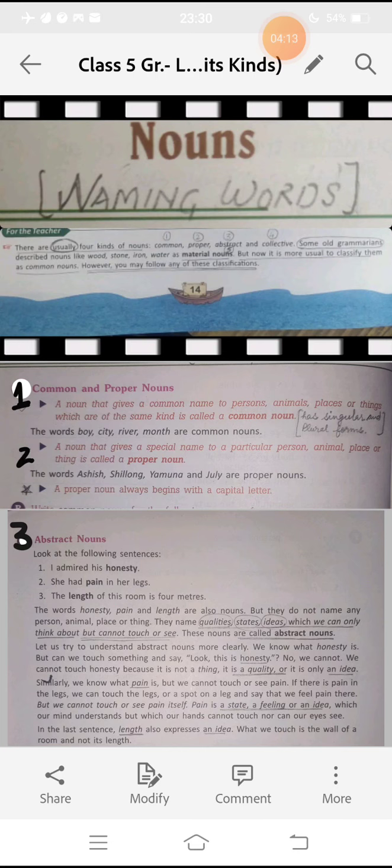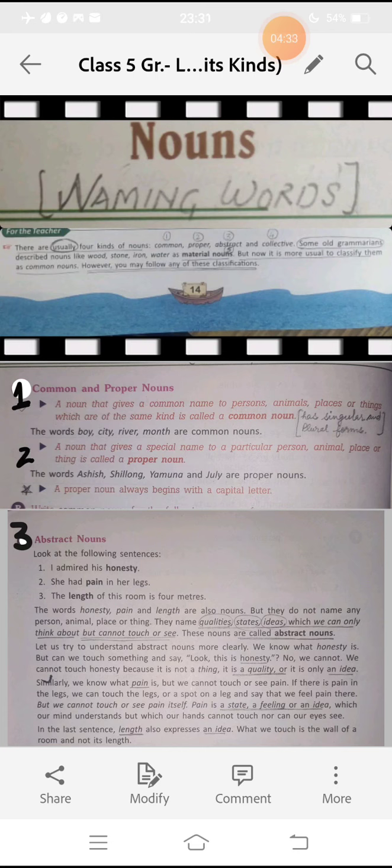Next, Yamuna, Ganga, Kaveri, Ravi, instead of calling these rivers by their individual names, if I call them rivers, river will become a common noun.